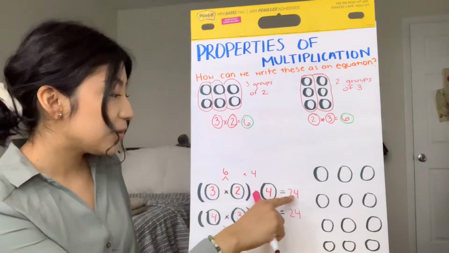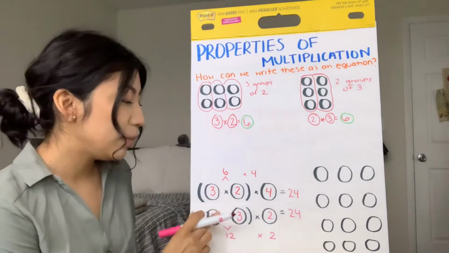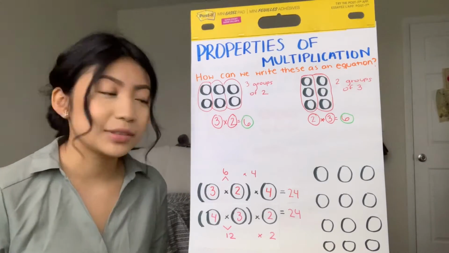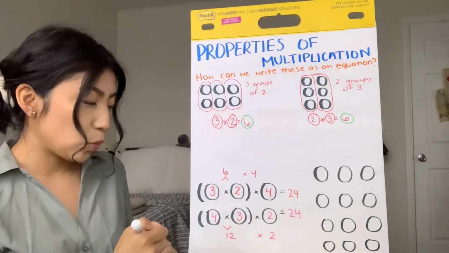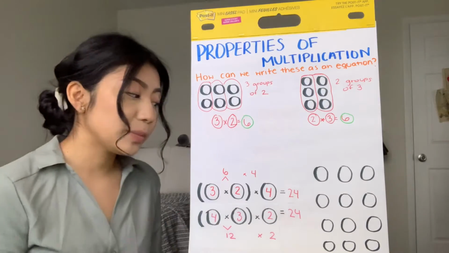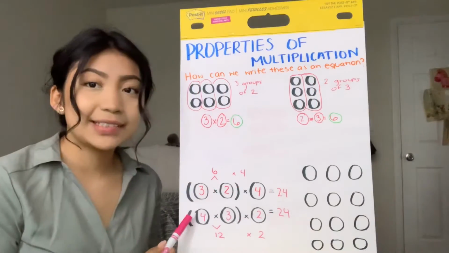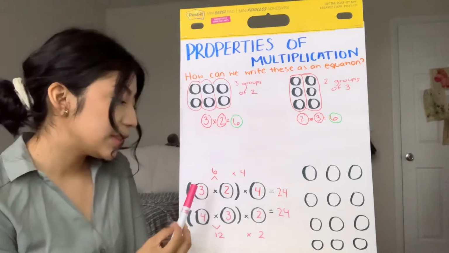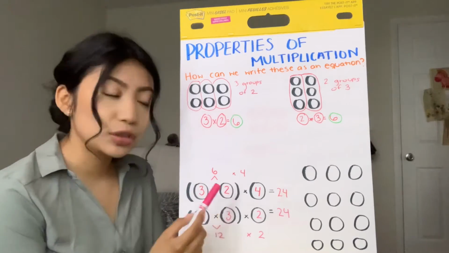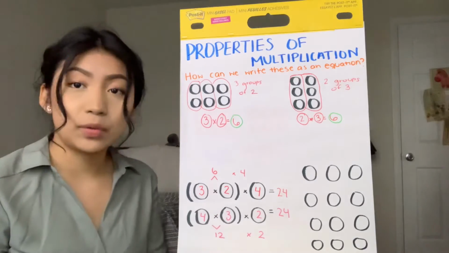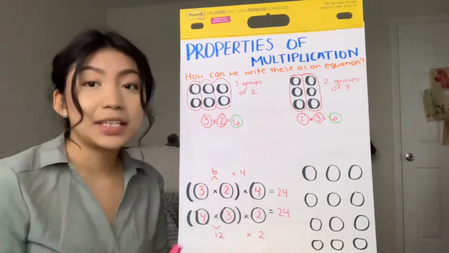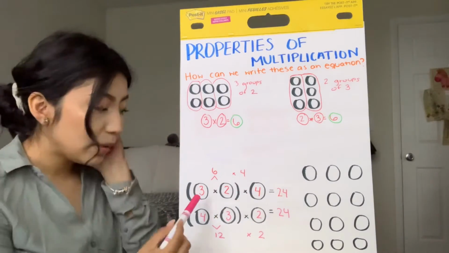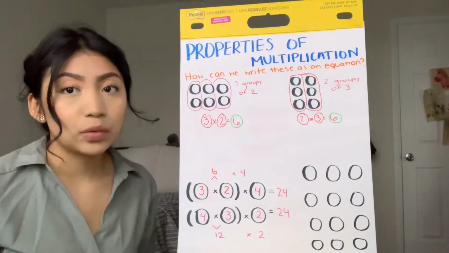So we still got the same answer even though we moved all our numbers around. It didn't matter where the numbers were placed. It doesn't matter if the parentheses was on the 3 times the 2 or the 4 times the 3. We still got the same answer no matter where the parentheses were.